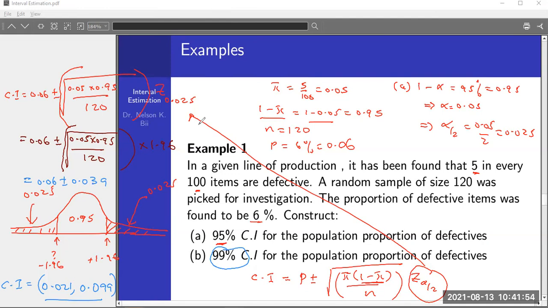Somebody is asking me to explain how we got 1.96. We obtained that from the tables. Esther, have you seen how to get the 1.96, or you want me to explain?